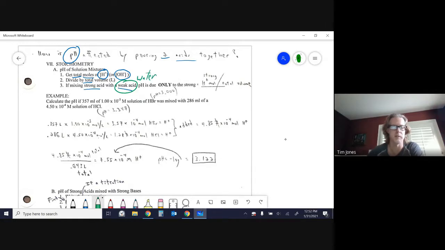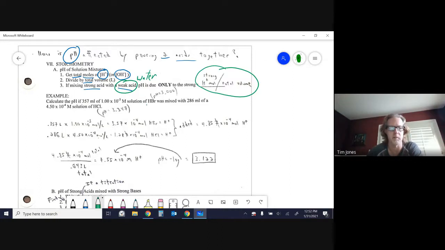The weak acids are typically so weak compared to the strong ones that they're just diluting it. In that case, you can just find out how many moles of strong acid do you have, divide by the new volume, and that'll pretty much do it.